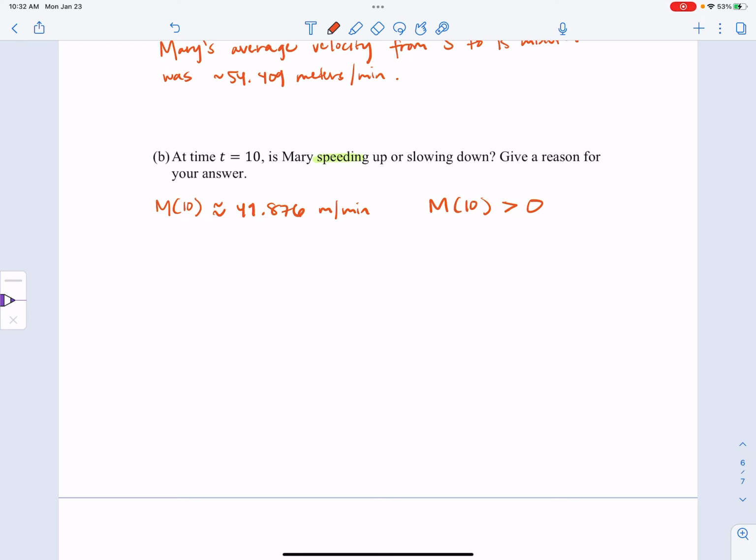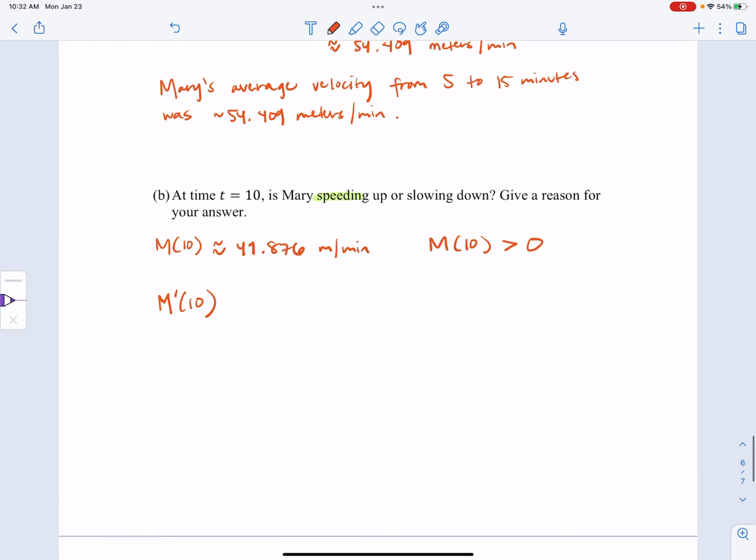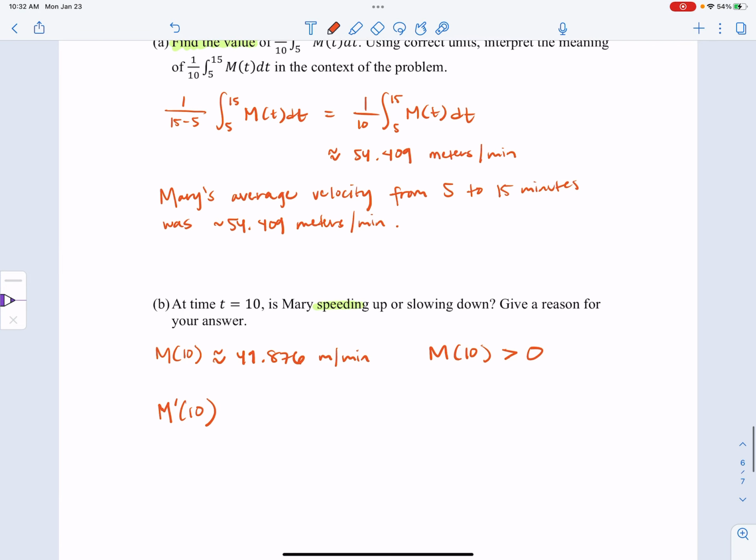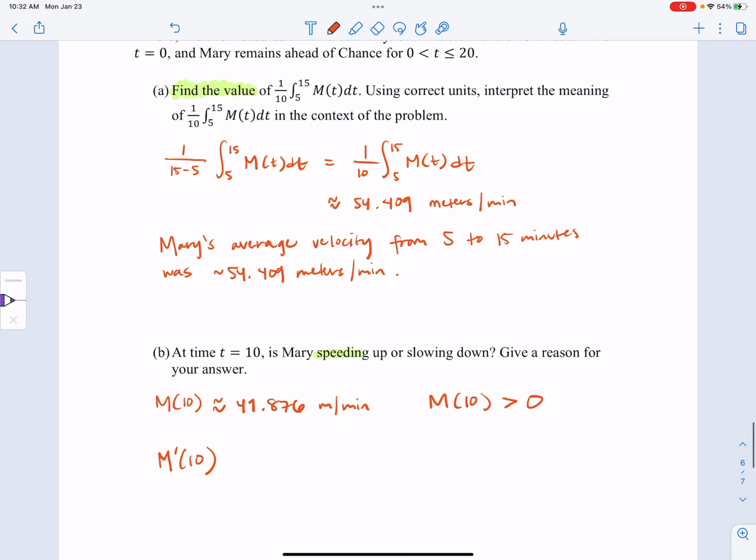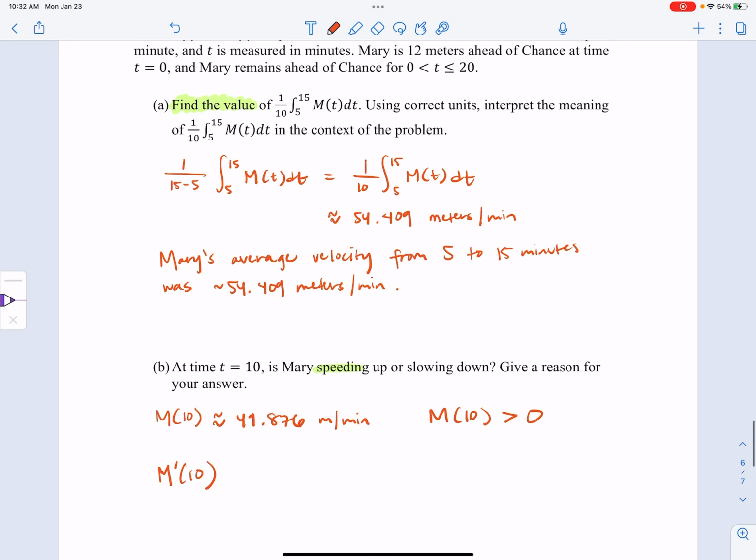So we need to figure out what m prime of 10 would be. This is calculator active, so we can use our calculators. If you type in math and then number 8, we're going to differentiate with respect to x in this case.